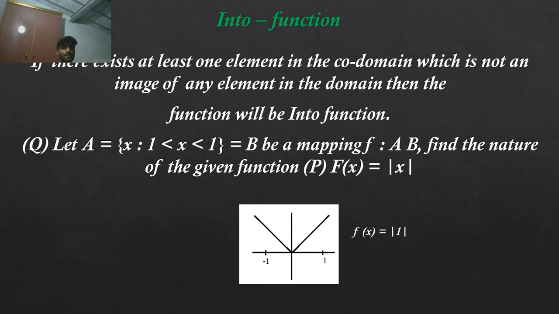Into function. If there exists at least one element in the codomain which is not an image of any element in the domain, then the function will be an into function. Question: Let A be equal to the set of x such that minus 1 less than x less than 1, and B be a mapping f from A to B. Find the nature of the given functions. f of x is equal to x.